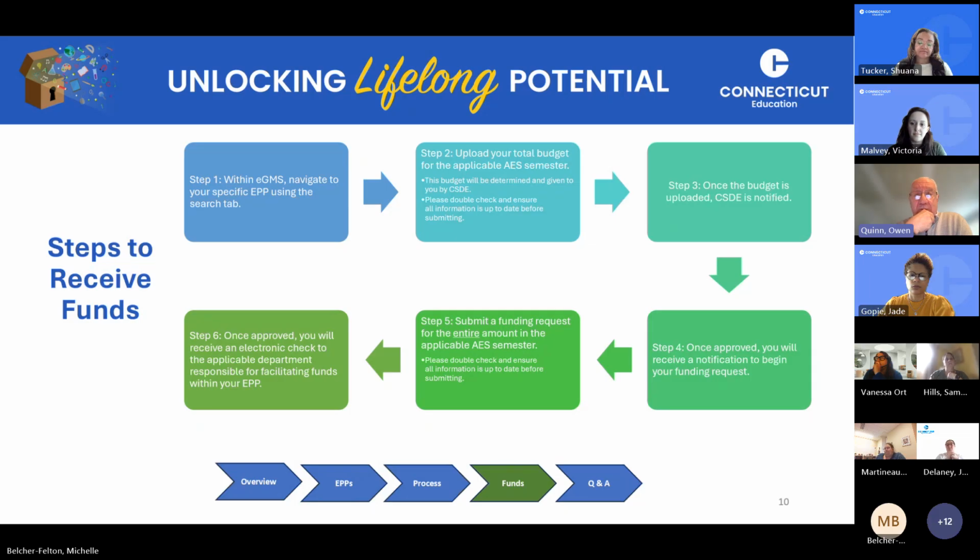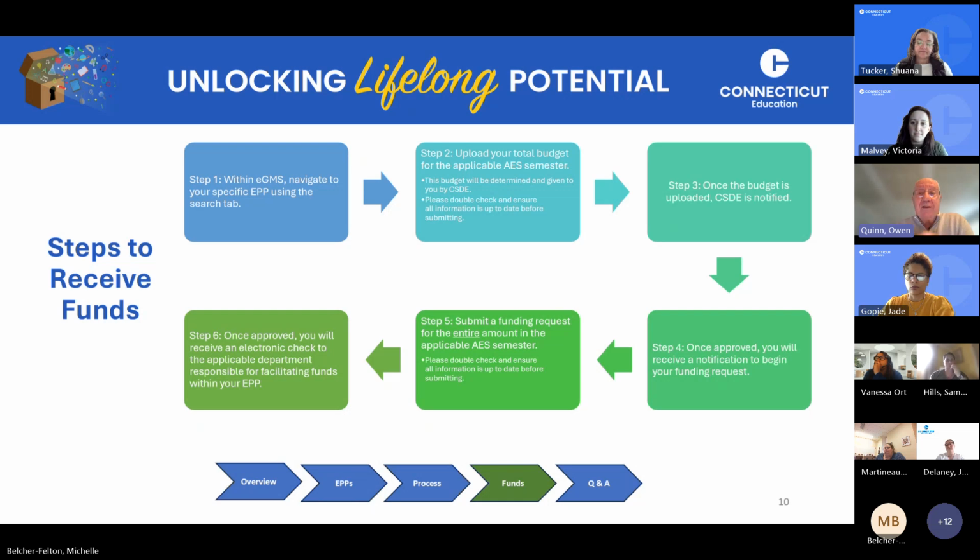Internally, what I did today is submit the OF1 and 2, which is the amount of money per EPP, to the State Department of Education fiscal, and they approve it.